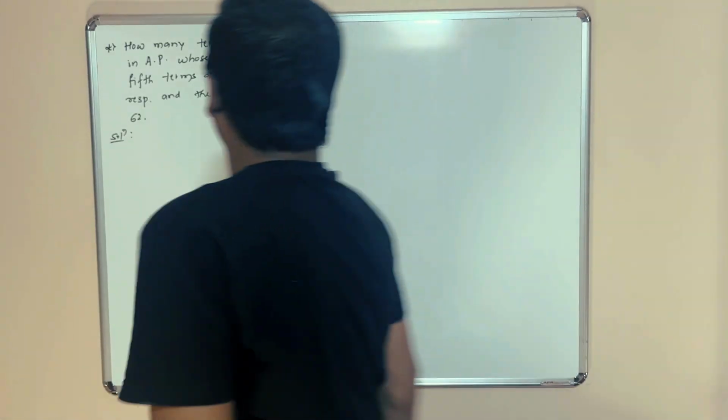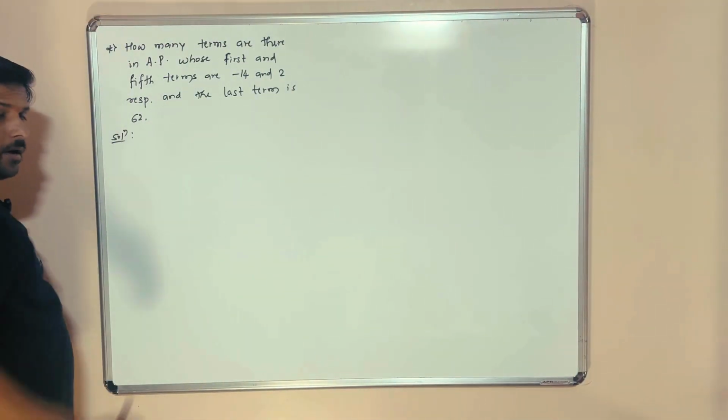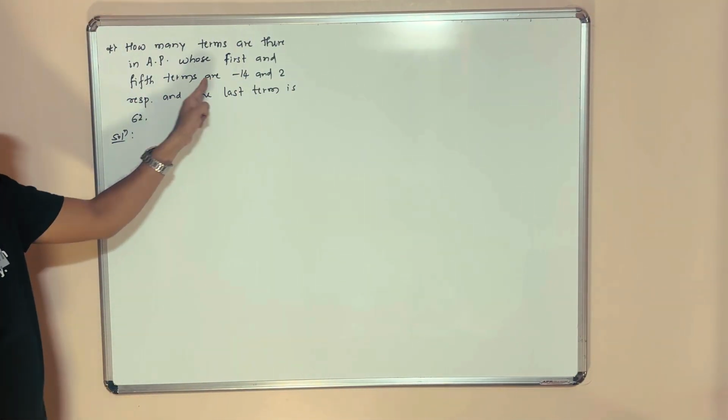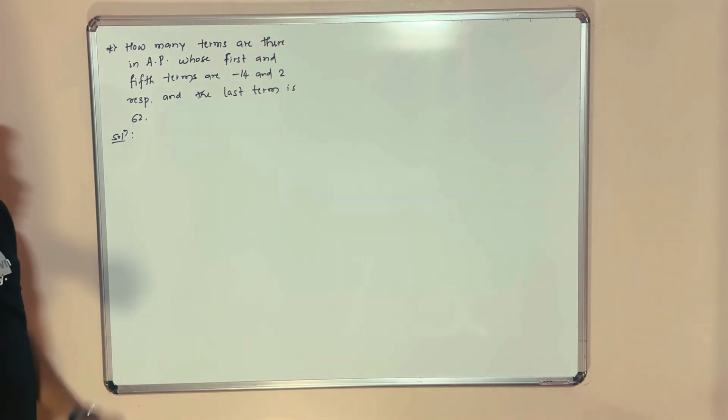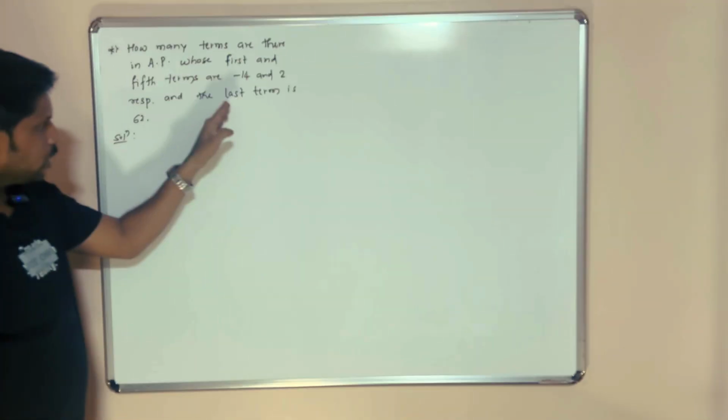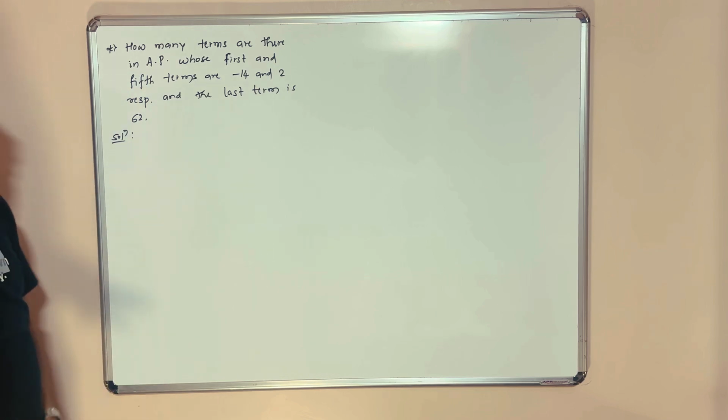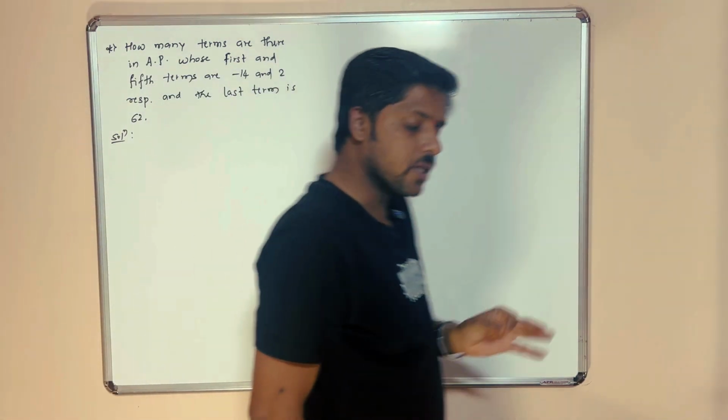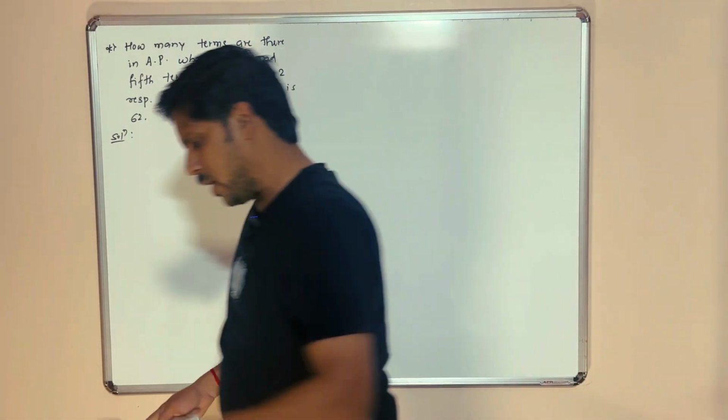So next question: how many terms are there in an AP whose first and fifth terms are minus 14 and 2 respectively, and the last term is 62? Here we have to find the number of terms, that is n. Then what is given here?